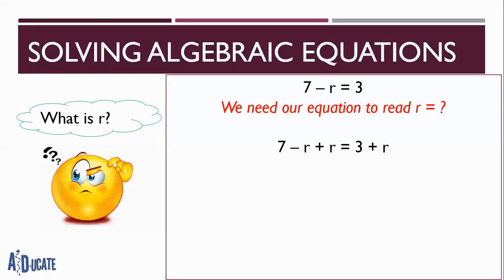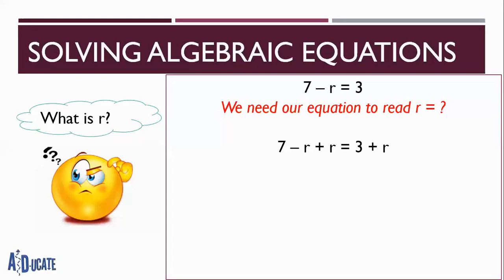We don't want a minus r. We want a positive r. And usually a positive number is not always preceded by that little plus sign. For example, in our equation we have 7, and 7 is positive. 3 is in our equation, and it is also positive. But we need to work this out so that we can say r is equal to something.